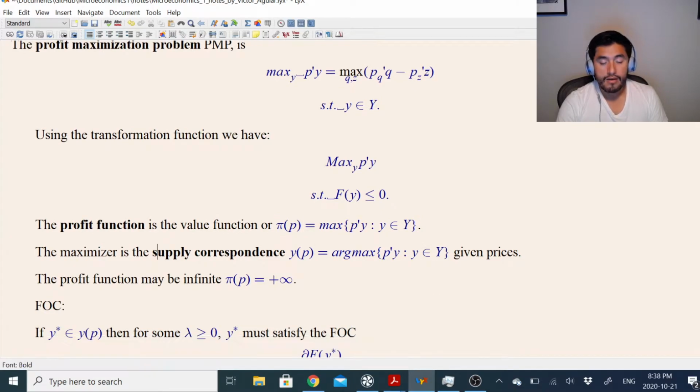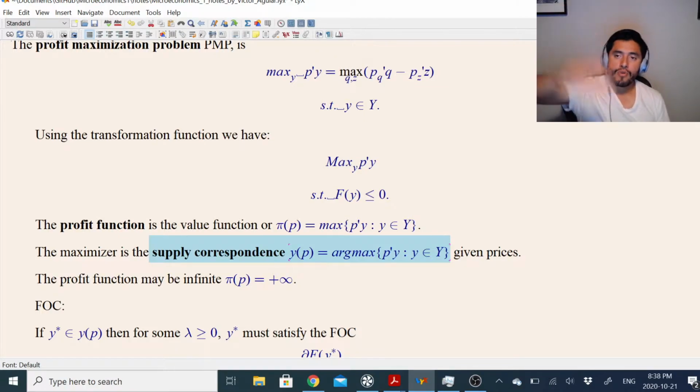And the maximizer of this problem is called the supply correspondence. This is the analogous of the demand correspondence. So again, as in the case of demand correspondences, this is a set. So for a given price, you may have a set of production plans that maximize profits. All of these production plans in the supply correspondence give you the same level of profits. So it's a non-unique prediction.